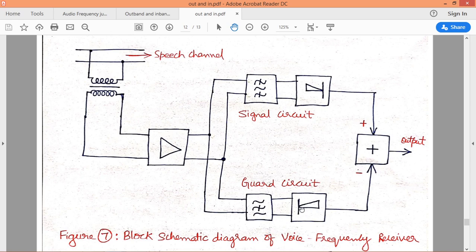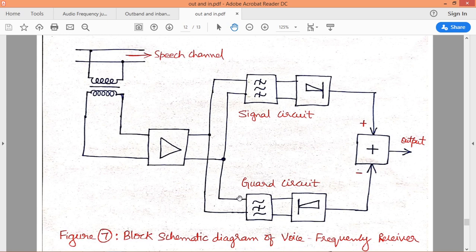Please note, the diodes used in this rectifier are opposite, because the signal we are giving here is a negative signal. Let us say this is positive with respect to the other terminal, and this positive is given here with respect to the negative voltage. Similarly, this positive is given here with respect to the negative.